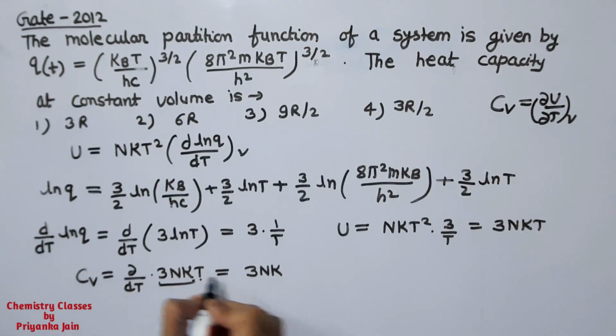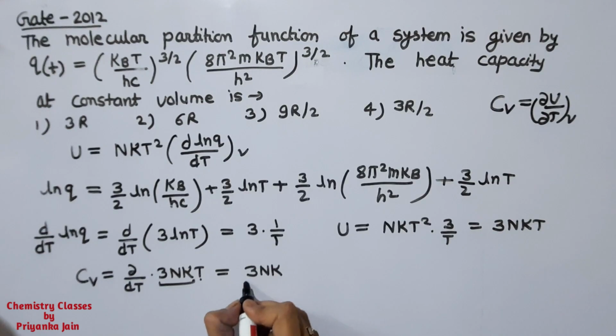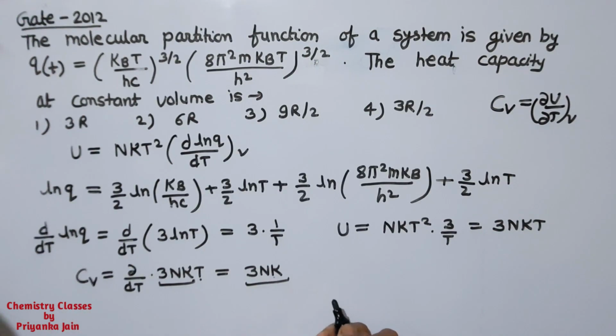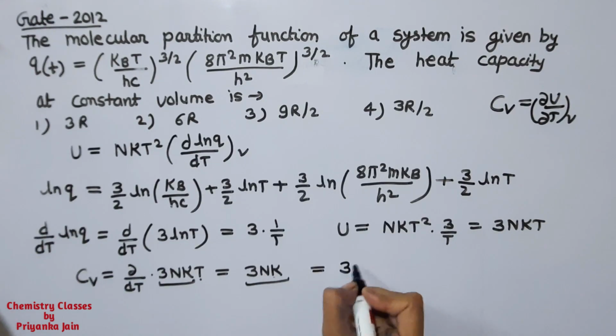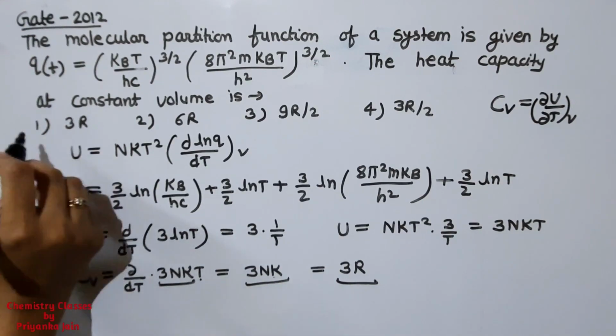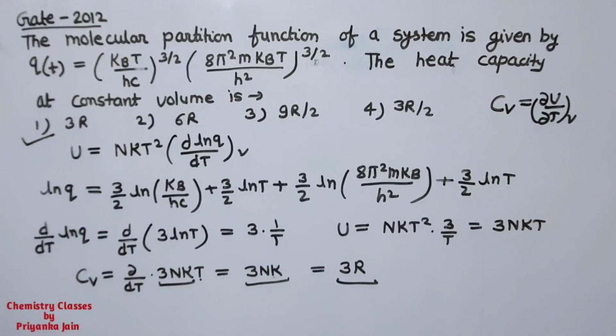So d by dt of t will be equal to 1, so this is our value of Cv. Now we know that Nk is equal to R, so we can write it as 3R, right? So this is our answer that we had to find out. Now you can match it, option number 1 is the right answer.